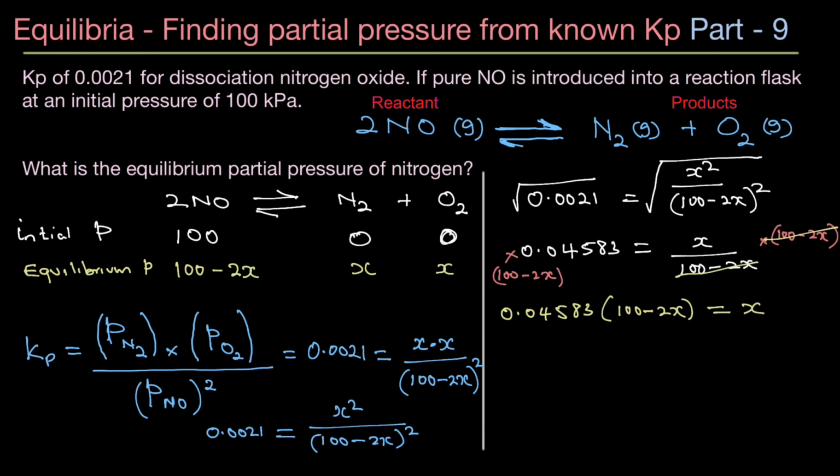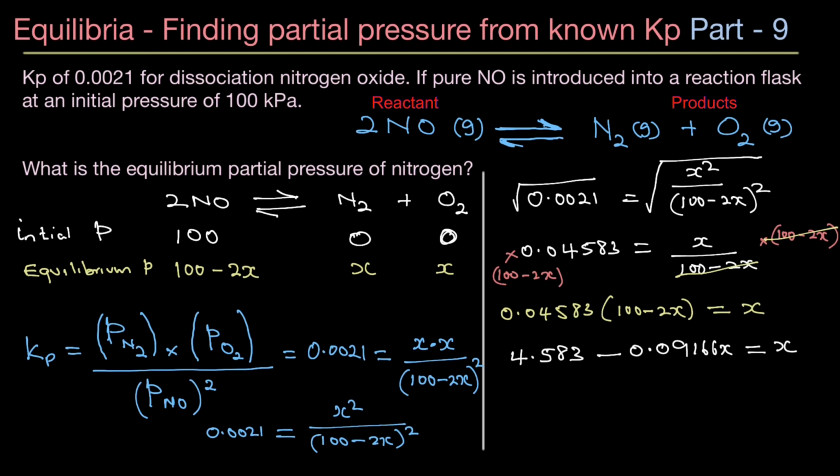We get 0.04583 times that by 100. The decimal point will move, so I get 4.583 minus 2x times 0.04583. So that means just timesing it by 2, we get 0.09166x, and that equals x.